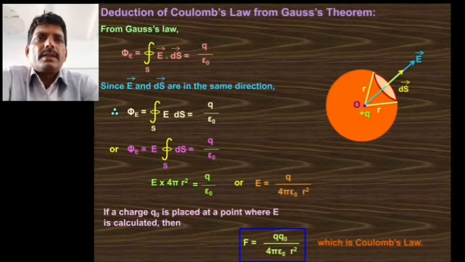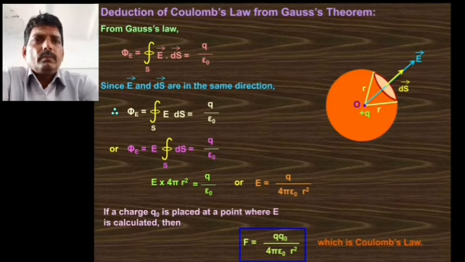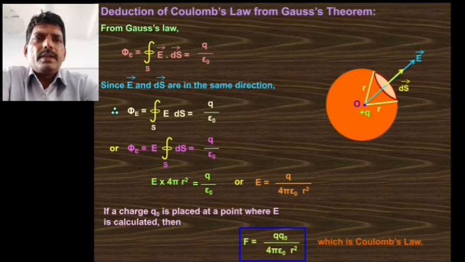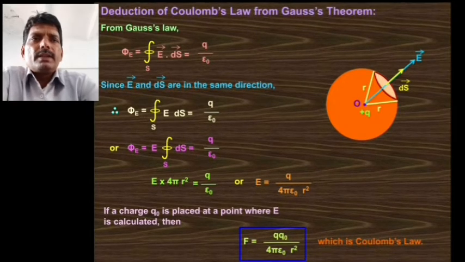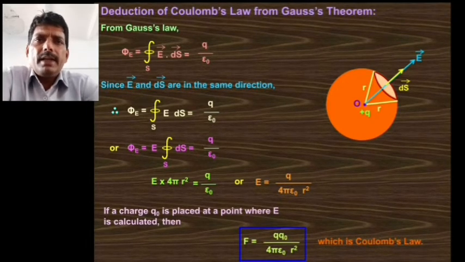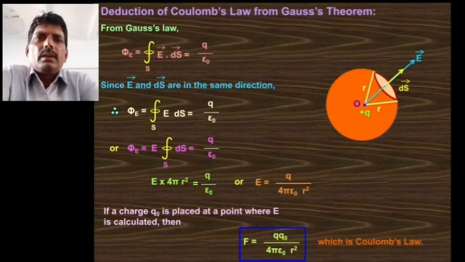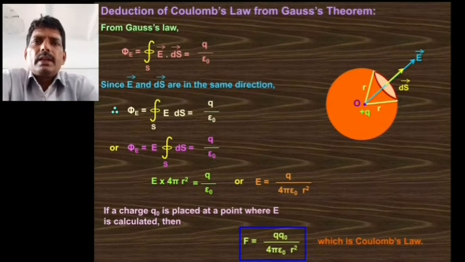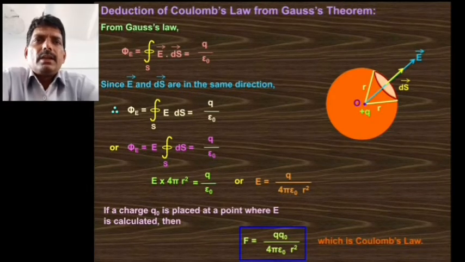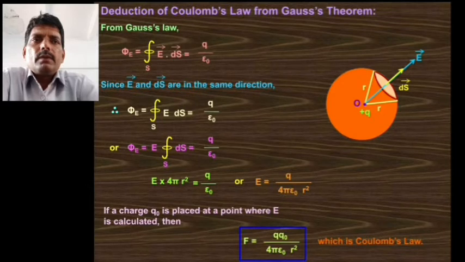That Gaussian surface in sphere form is what you have considered here. If you consider a small area element ds, then again you write the Gauss law: total flux is equal to the closed surface integral of E dot ds, which is equal to q upon epsilon naught.